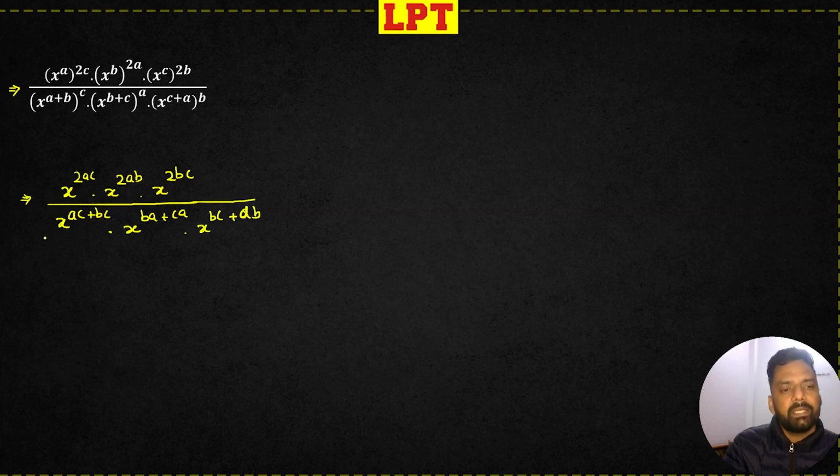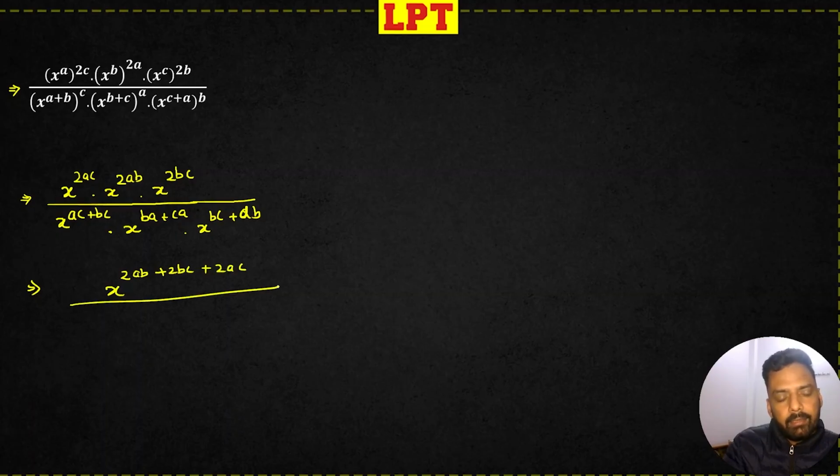Now the bases are the same. See, the bases are the same, so in the numerator I have 2ab plus 2bc plus 2ac. In the denominator portion, we have the same bases, so the powers will be added. So we directly write 2ab, one ab here, one ab here, plus 2bc plus 2ac.